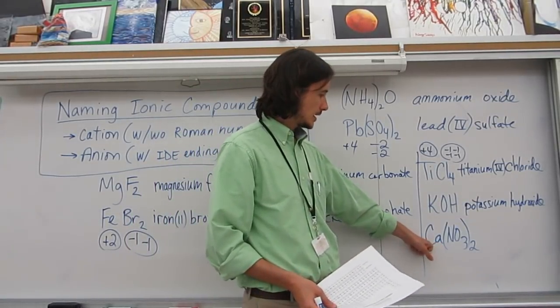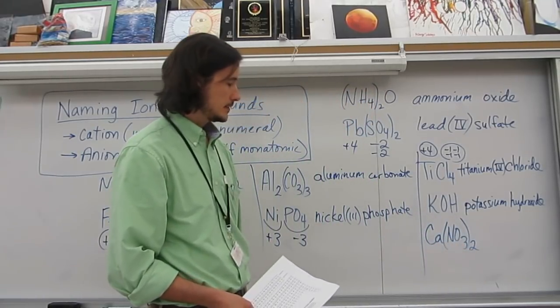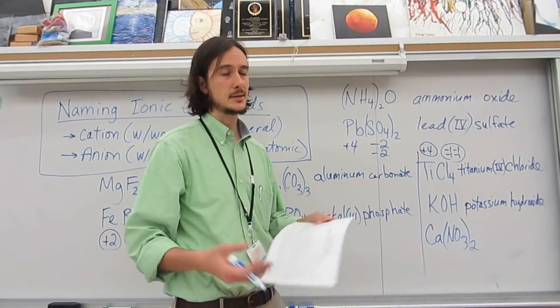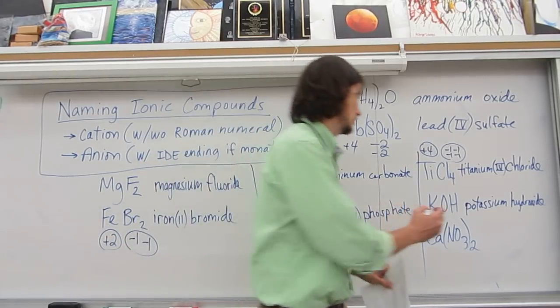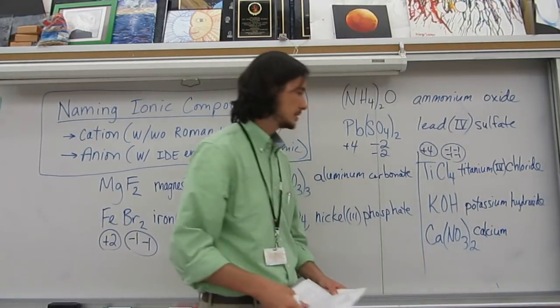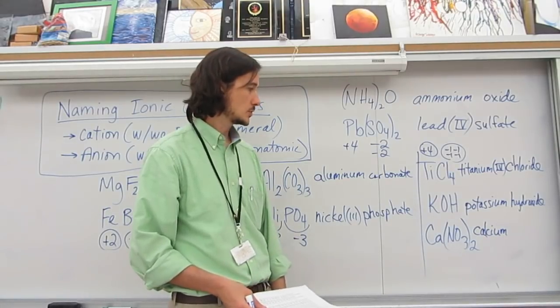Last one, we've got Ca and NO3 with a subscript 2. The Ca is calcium. Calcium's in group 2. You'll probably start to recognize that. Oh, calcium doesn't get a Roman numeral. Calcium. And then NO3, hopefully that looks familiar very soon.